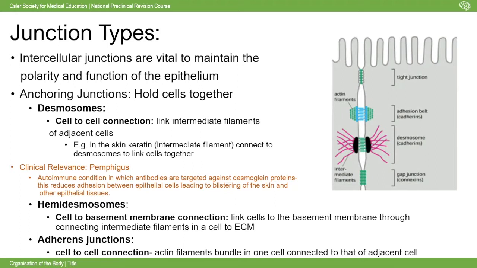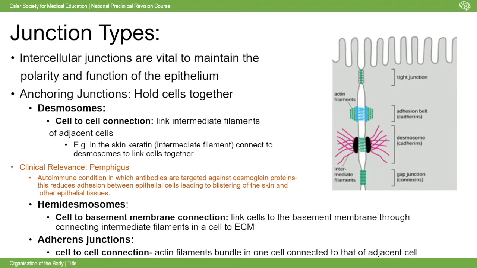Looking first at desmosomes, we have cell-to-cell connections. This is where intermediate filaments of adjacent cells are linked, through anchor proteins such as plakoglobin and plakophilin. These desmosomes are linked through cadherin family adhesion proteins, such as desmoglein and desmocollin, which associate to anchor the cells together.